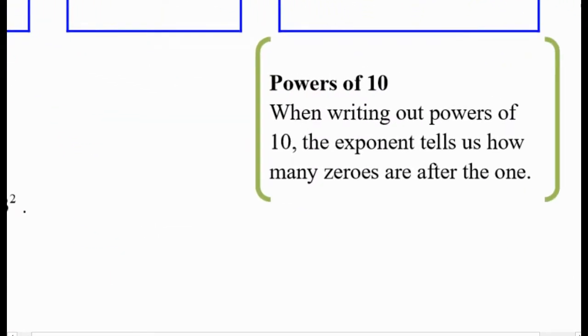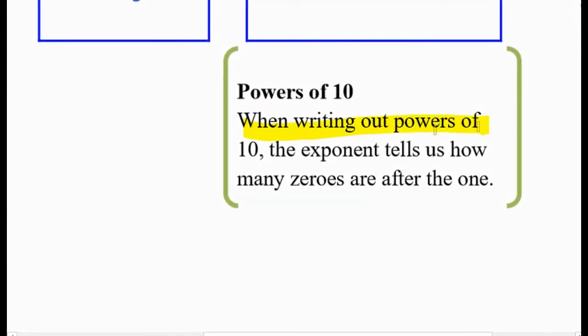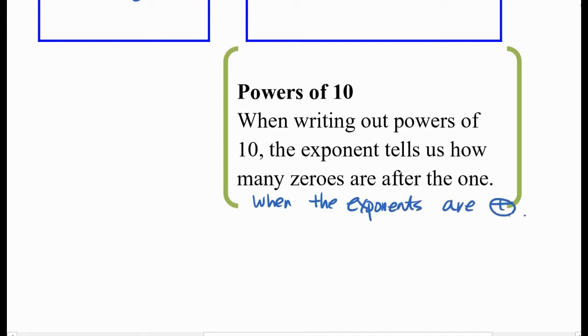So here, when you're writing out powers of 10, the exponent tells us how many zeros are after 1. So when the exponents are positive, I want you to write it down here.